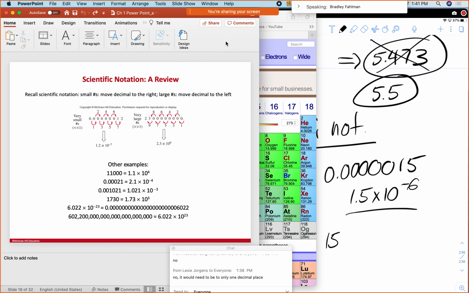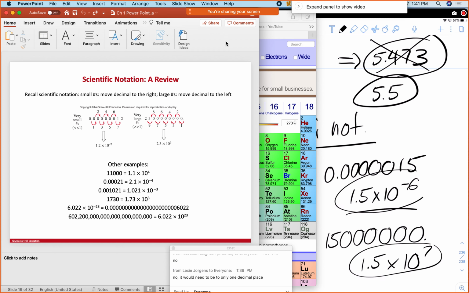Whereas really large ones have positive exponents, right? So it's 1, 2, 3, 4, 5, 6, 7.